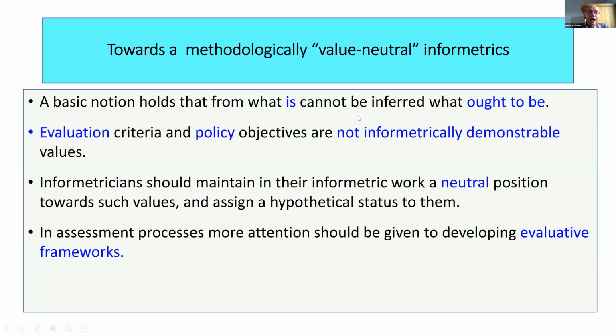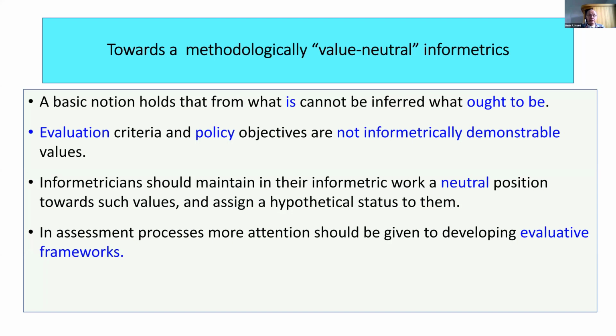But I believe, and this is the position that I defend in the book, that from what is cannot be inferred what ought to be. So evaluation criteria and policy objectives are not informatically provable or demonstrable values.